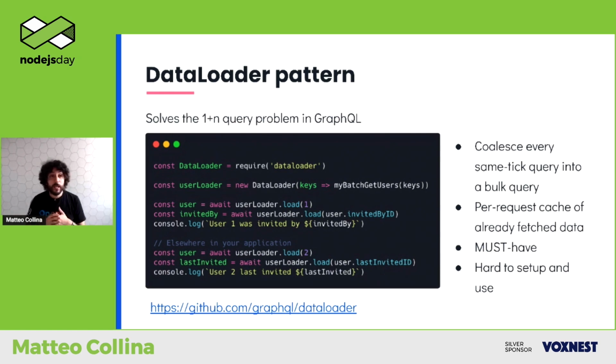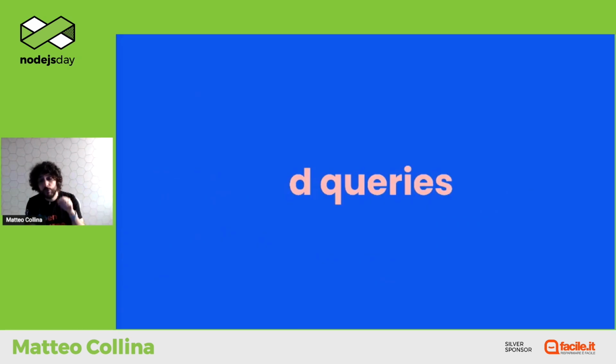When you are doing the plus n in your query, it gets all those requests for owners, which are essentially database calls, and coalesces them into a single batch query that gets all of them in one single go to the database. This removes so many problems in GraphQL. You need to use DataLoader independently of the GraphQL implementation that you're using. You should use the DataLoader pattern, which moves you to D queries.